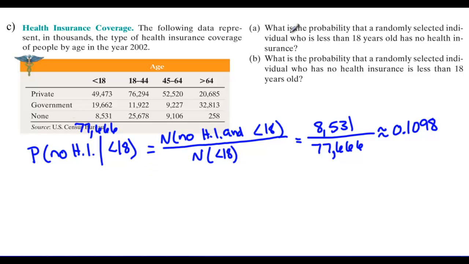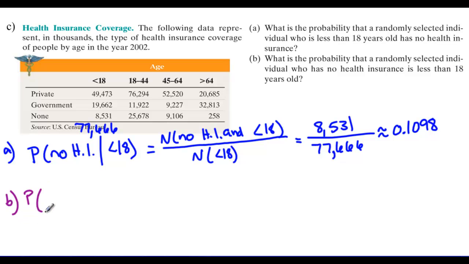All right, so again, this is A, where we're given that the individual is less than 18 years old, and then we're trying to find the probability of no health insurance. Well, for B, it's just slightly different. What's the probability that a randomly selected individual who has no health insurance is less than 18 years old? So we know that we're only looking at the people with no health insurance, and then we're trying to find the probability that it's somebody less than 18.